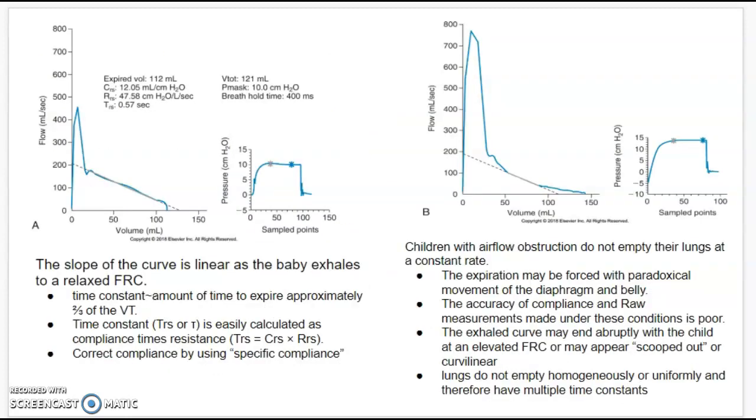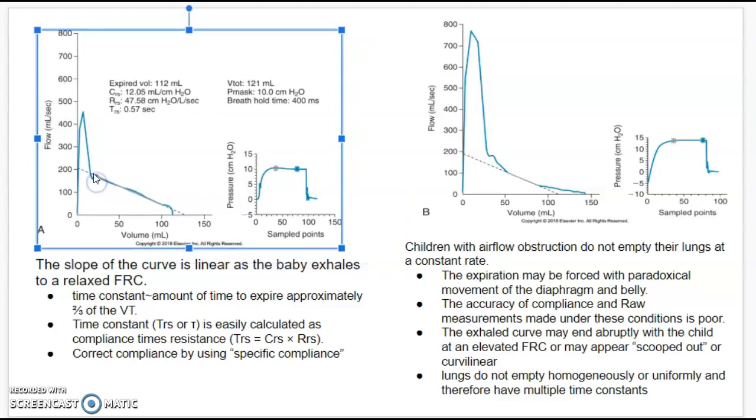One last thing I want to touch on before our time is up is the tracing of their flow volume graphs. So here, letter A is a normal graph, and you can see the slope of the curve is linear, right here, as opposed to someone with airway obstruction. See how it is curved. It is not linear.